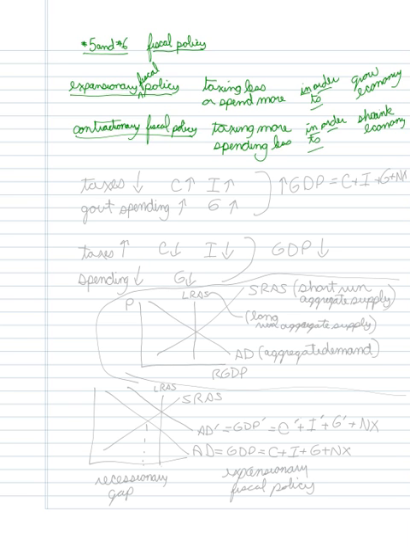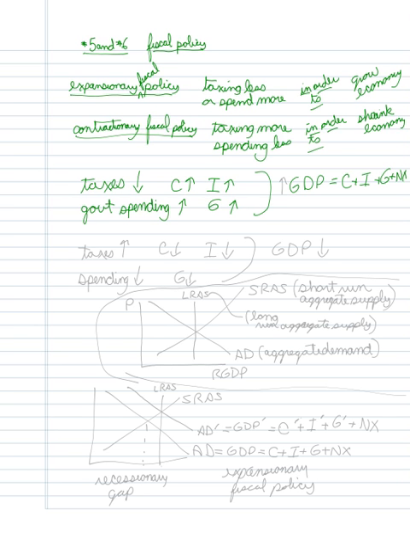How does it do this? Remember, as taxes go down, then presumably your income can go up and your investment can go up. Also, if government spending goes up, that's essentially G going up. Remember, these are all components of GDP, which equals C plus I plus G plus NX.